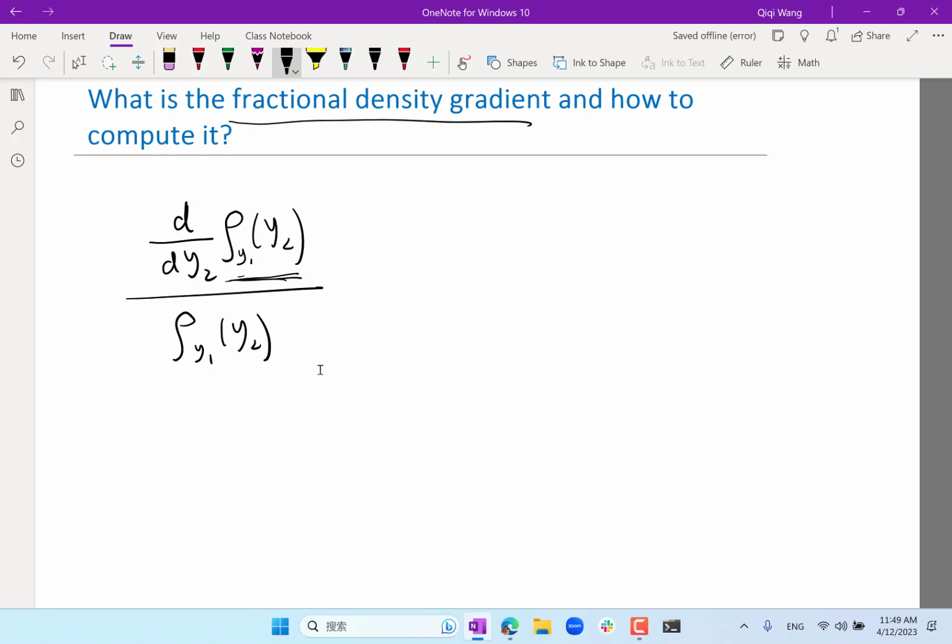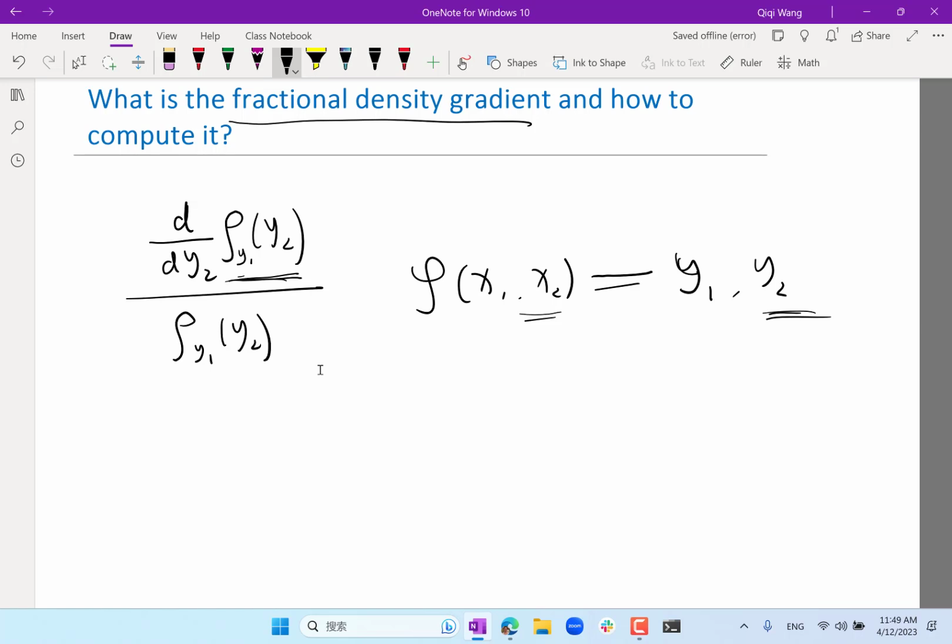Okay, so we know that if we have x1, x2 mapped to, let's say, phi of x1, x2, which is equal to y1 and y2. Let's figure out how the conditional density of y2 depends on the conditional density of x2.